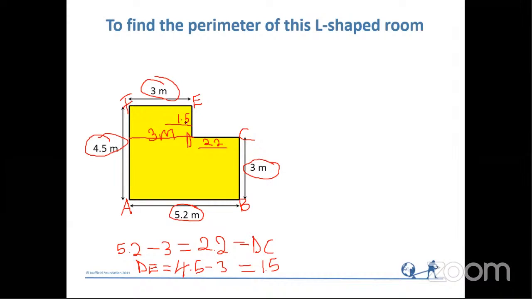Now, how do we find the perimeter? So remember, we said perimeter is the distance around the figure. So how do we find the perimeter of this arrow-shaped room?